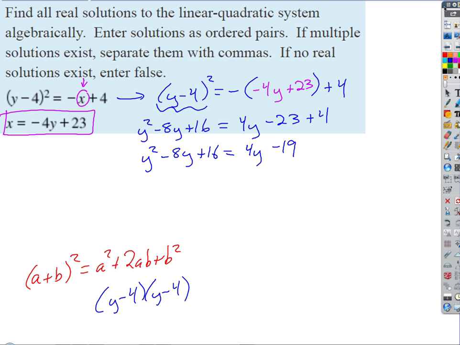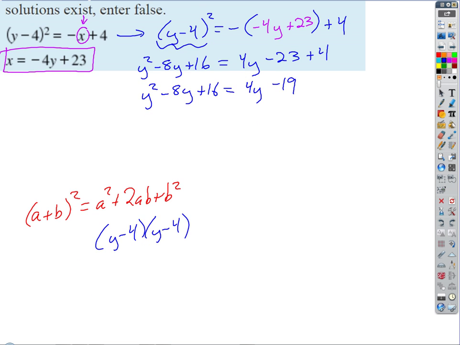So let's put it in standard form. We'll push everything to the left side, so I'll subtract 4y from both sides and add 19 to both sides. So everything cancels on the right. On the left, I get y squared minus 12y plus 35 equals 0.